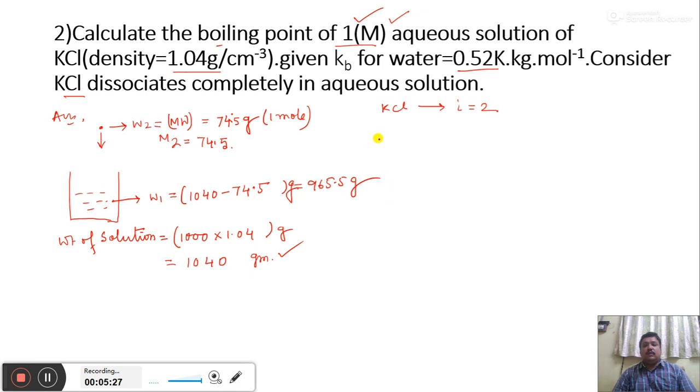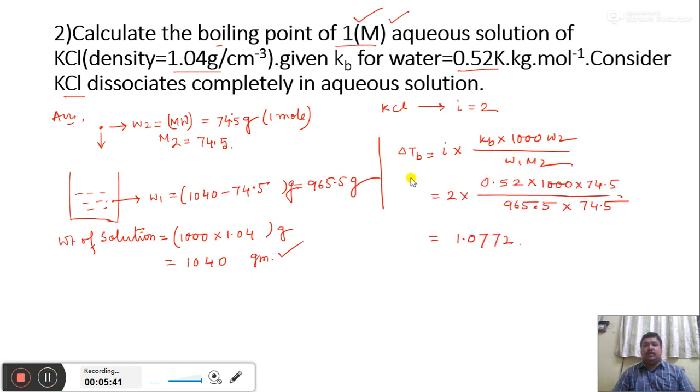We know del Tb is equal to i into Kb into 1000 W2 by W1 M2. Putting the values of all terms, we get the value of del Tb is 1.0772.